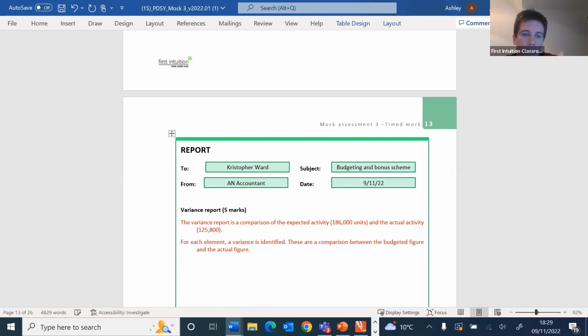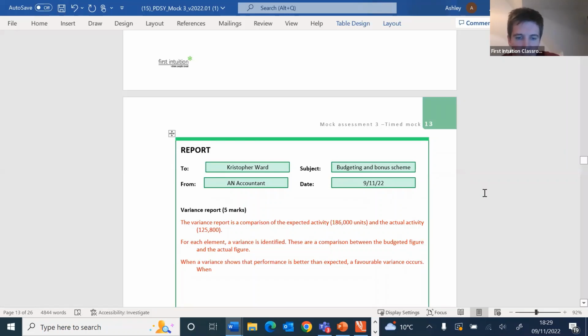I'd probably finish up there by just saying, when a variance shows performance is better than expected, a favourable variance occurs.